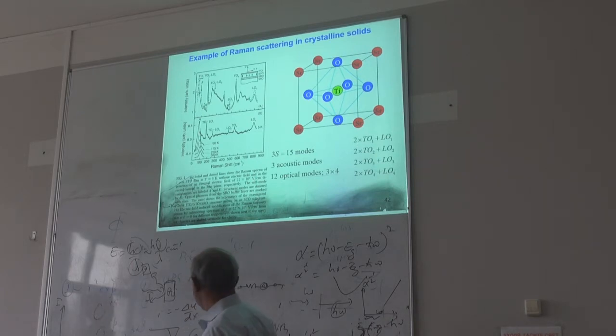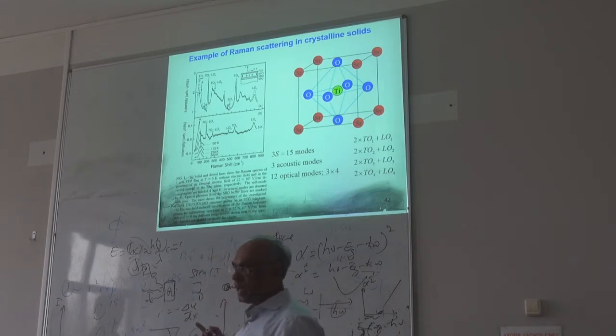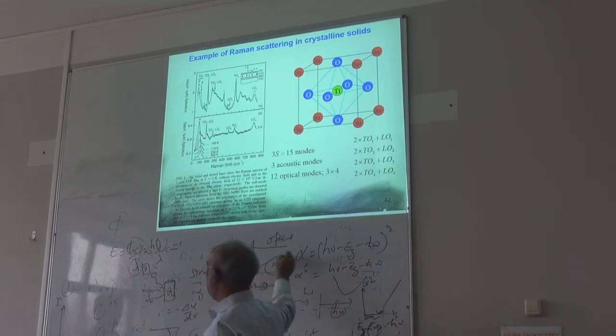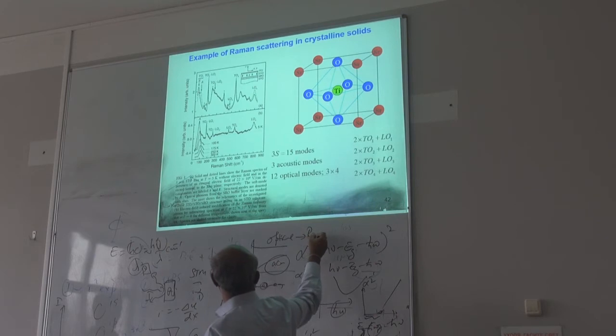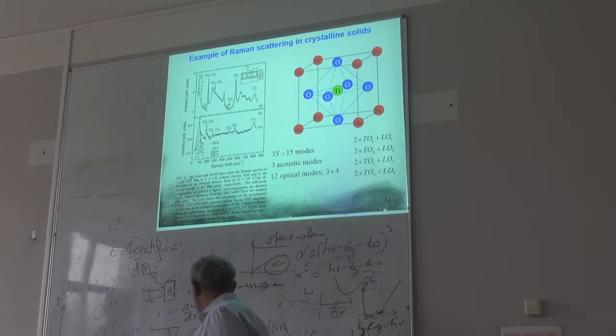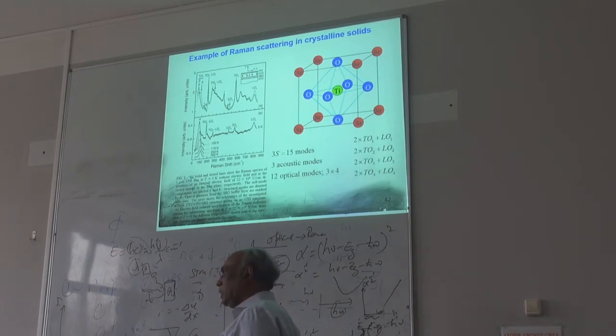This is the optical mode, and this is the acoustic mode. There's a spectroscopy called Brillouin scattering to probe the acoustic modes, but optical is what we use for Raman. So Raman optical modes can also be transverse or longitudinal.